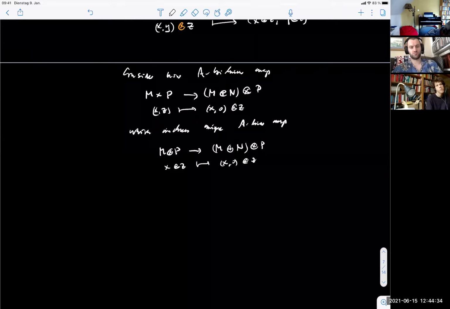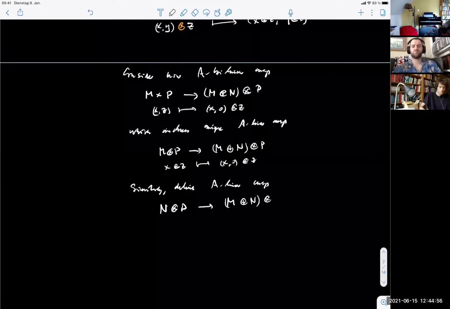Similarly, define a linear map. Now instead of M, I want to have N here: direct sum tensor P, and y tensor z goes to (0, y) tensor z. It's just that I have exchanged the roles of M and N. Good.